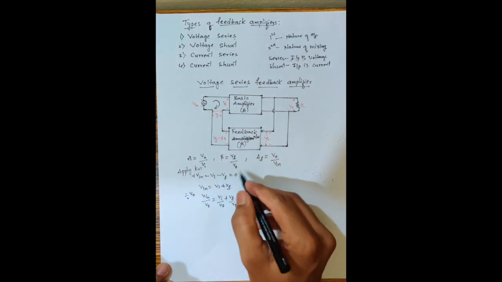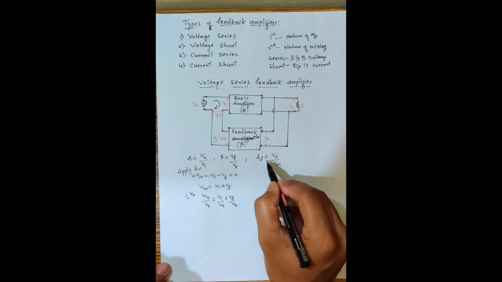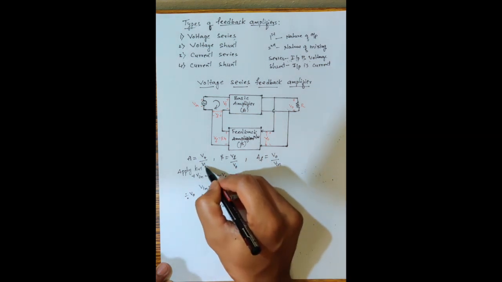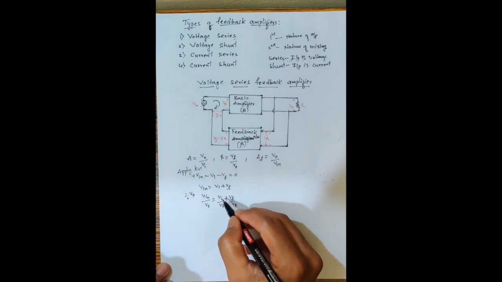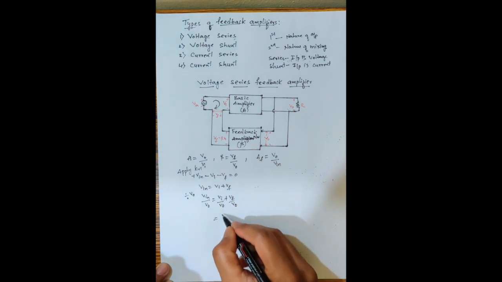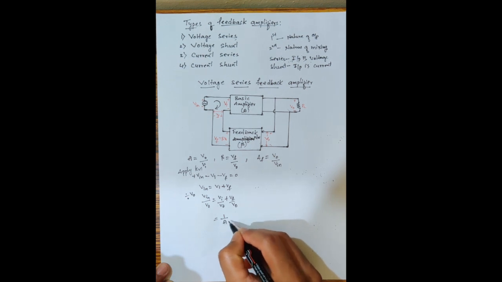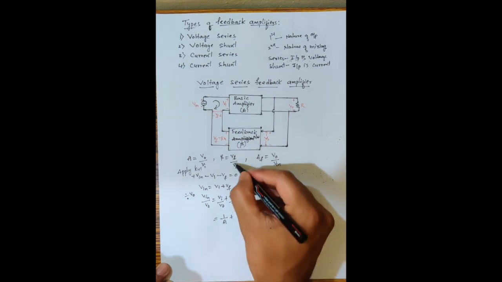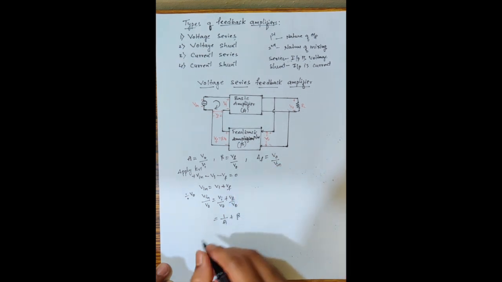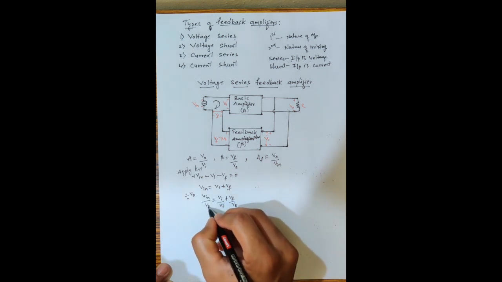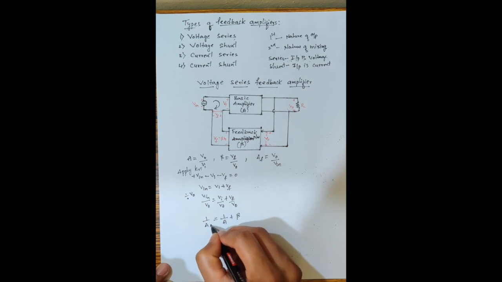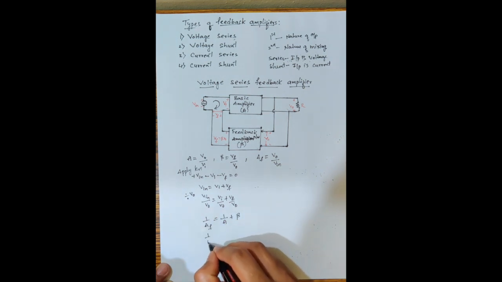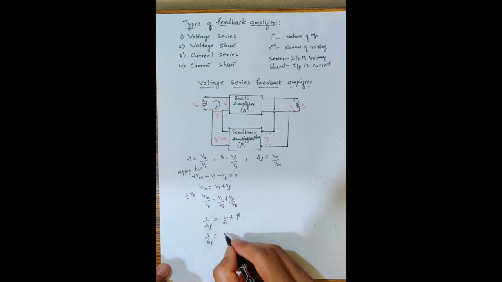As we all know, V output by Vi is nothing but the basic amplifier gain A, so Vi by V output is the reciprocal, 1 by A. Vf by V output is nothing but beta, the feedback factor. V in by V output is 1 by AF. So 1 by AF, if you simplify the right hand side by taking LCM, is 1 plus A beta divided by A.